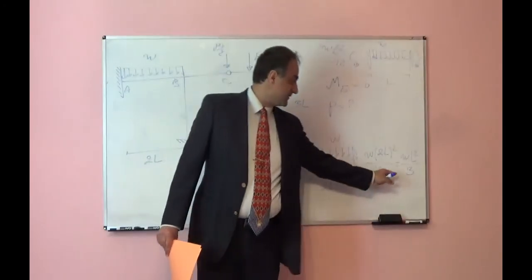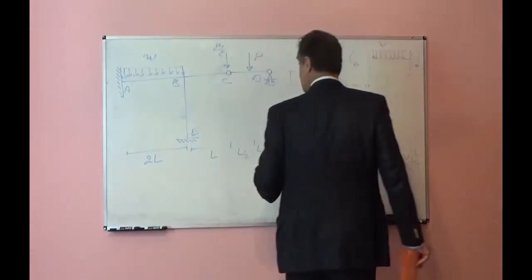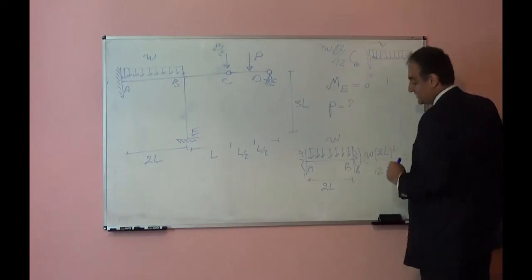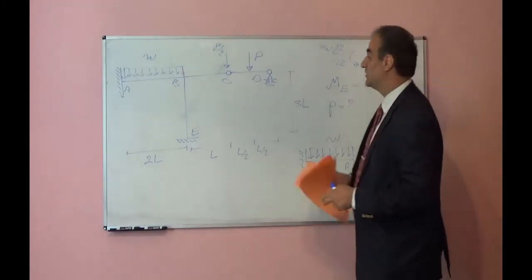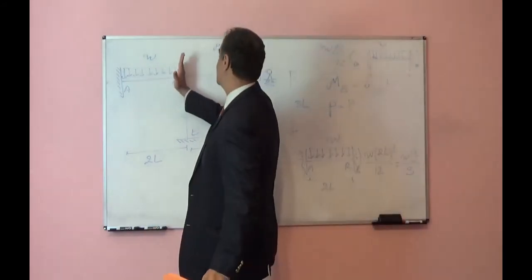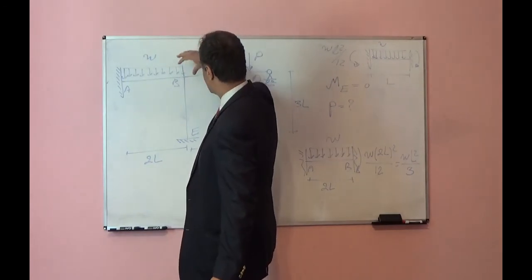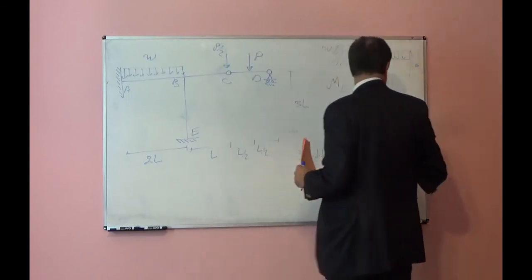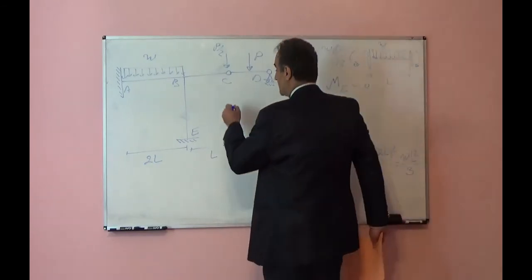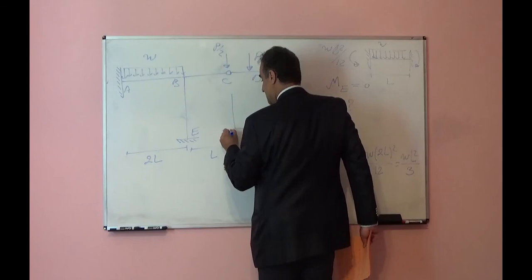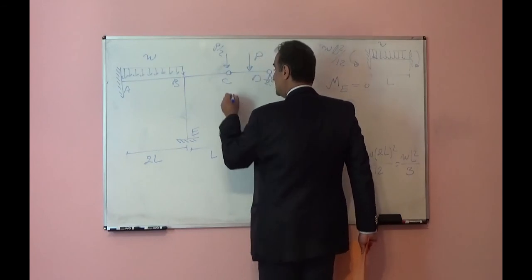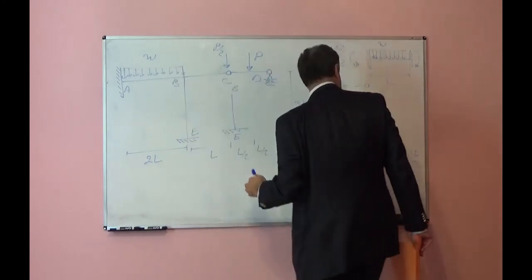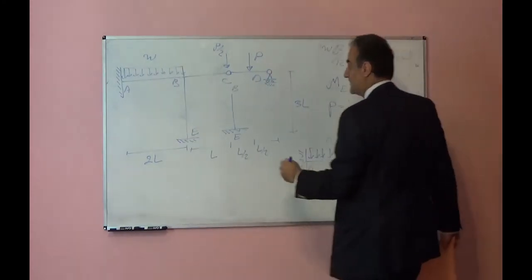Here we will have 3. So this is the support reaction at point B. If I want to make this fixed, the amount of moment I need to apply here is W L squared over 3. Or if I look at the EB column, the action, not reaction, the action will be the same magnitude in inverse direction.